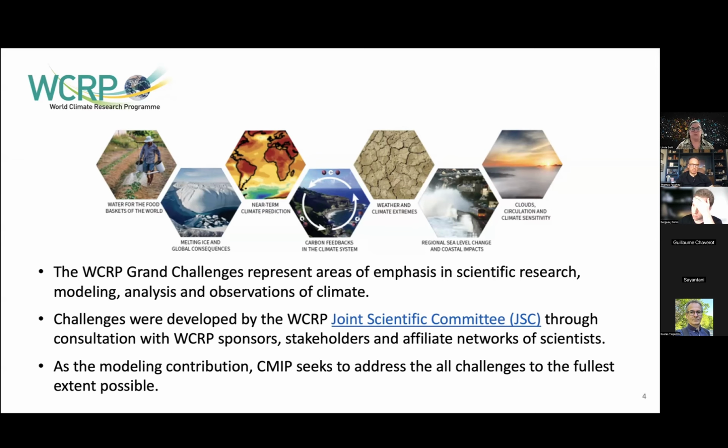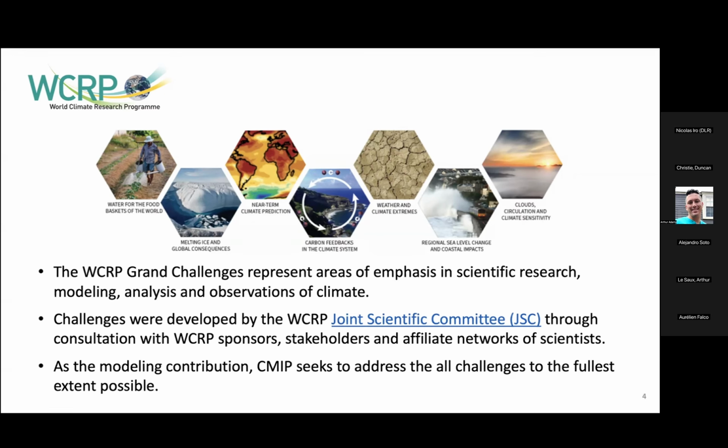So are there places where the models are lacking features that we feel are important to the climate system? And so the grand challenges grow out of the set of concepts that come up in these community conversations.